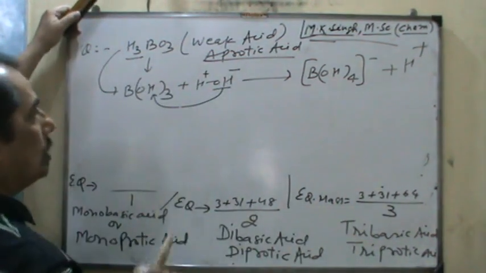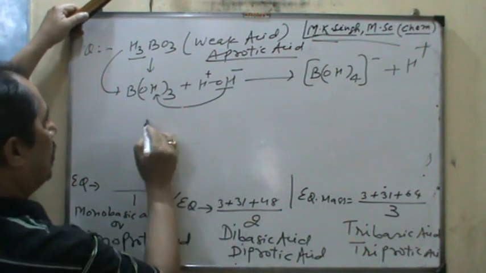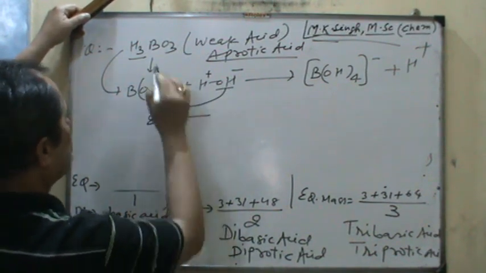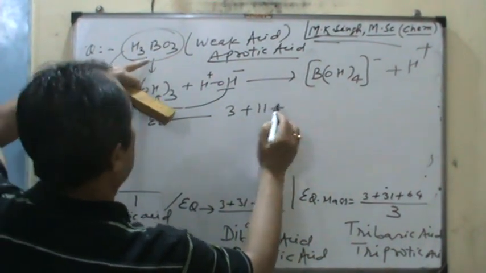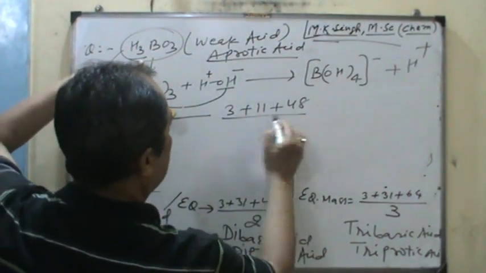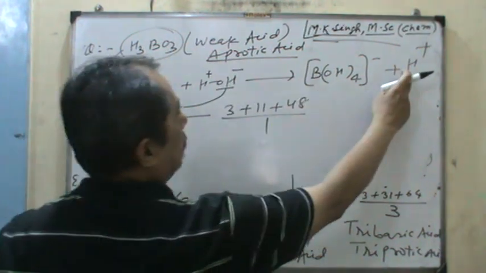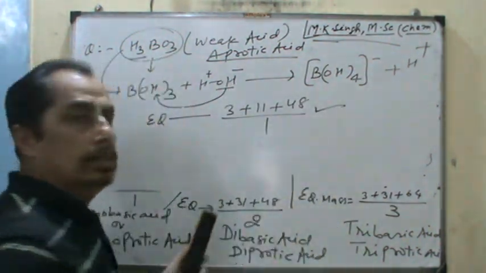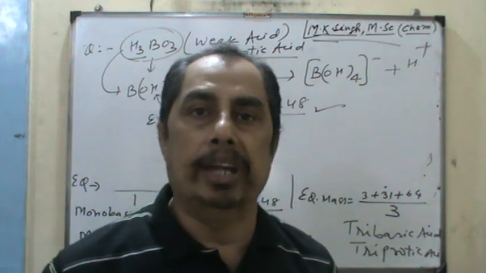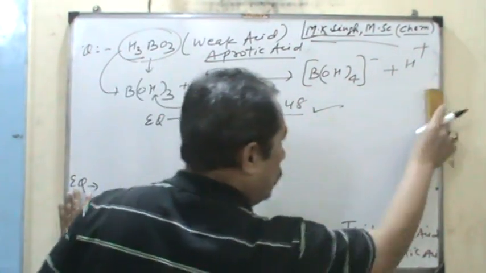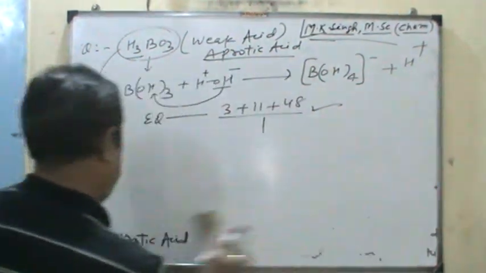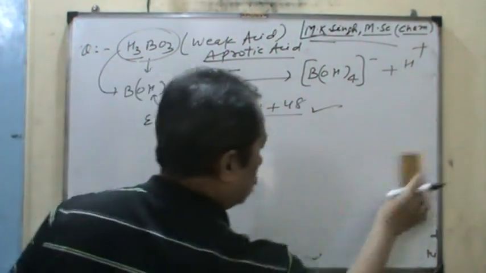So it can donate only one proton. Therefore, equivalent mass of this one is 3 plus boron 11 plus 48, and what is the basicity of this acid? Only 1. So again, you remember this is also an exceptional case, and the rest, which I have already explained a bit earlier, are the oxoacids of phosphorus.